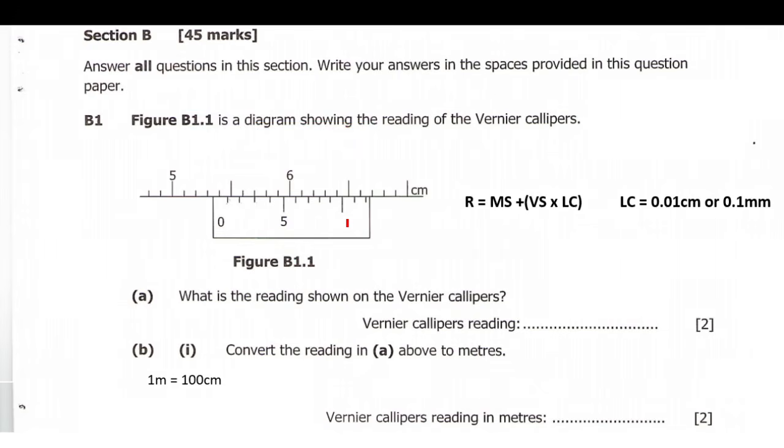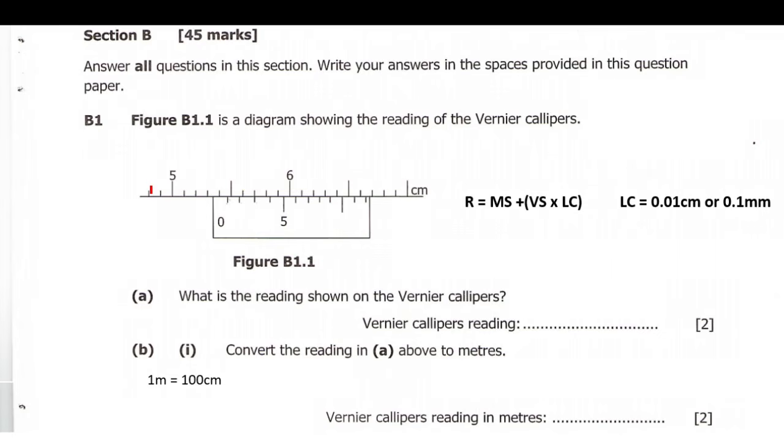So when reading the Vernier caliper, you need to read first the numbers on the main scale, starting from left, going to the right.